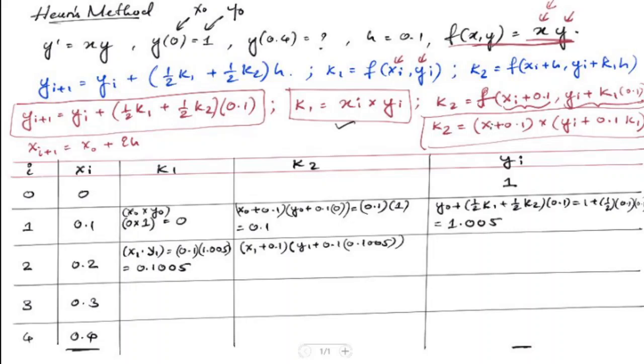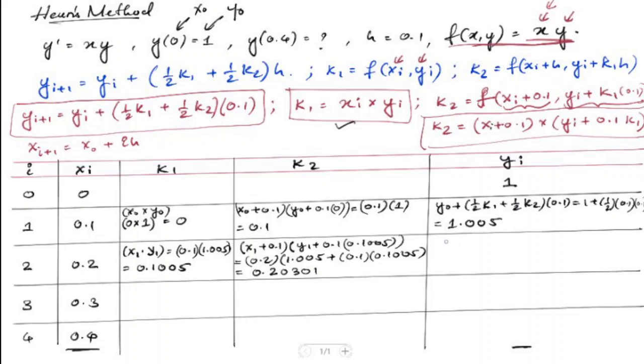So now this will have x1 is 0.1, 0.1 plus 0.1 is 0.2, times y1 is 1.005 plus 0.1 times 0.1005, and when we calculate this here, we'll get the value as 0.20301.